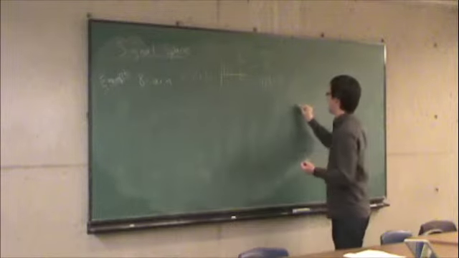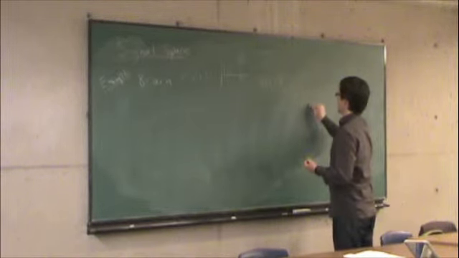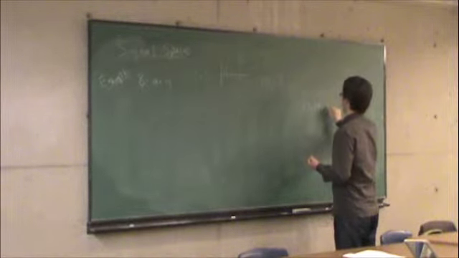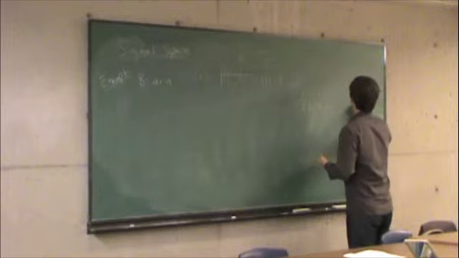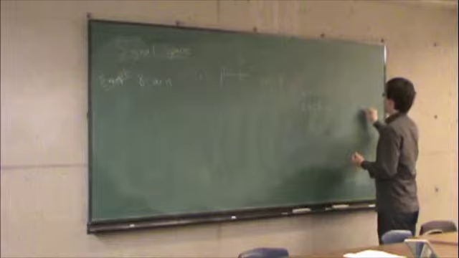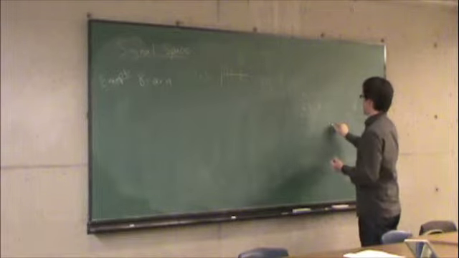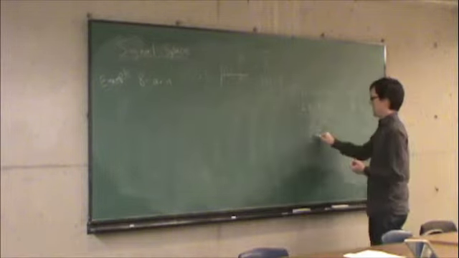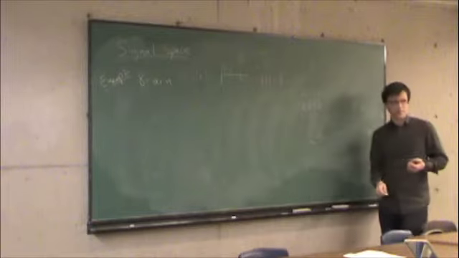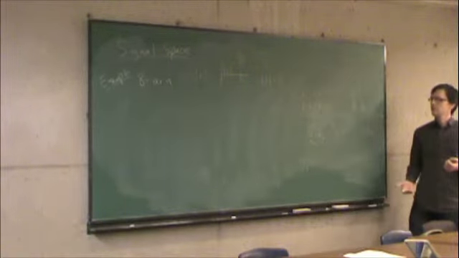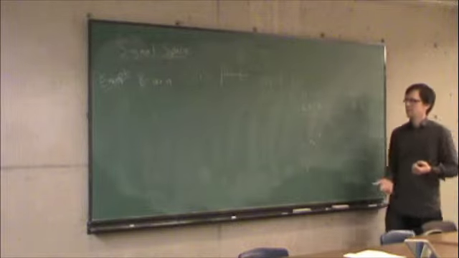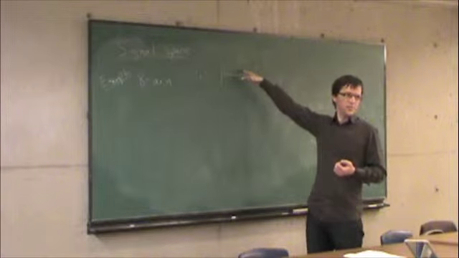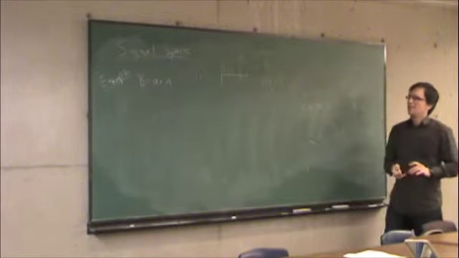Then if I do that, I get 1 over root NB times 1 over root NB plus 1 over root NB times 1 over root NB plus and so on, repeated NB times. 1 over root NB squared is just 1 over NB, times NB, which is 1, which is what I need. I'm pretty sure I said that was root NB last time. It should be 1 over root NB.